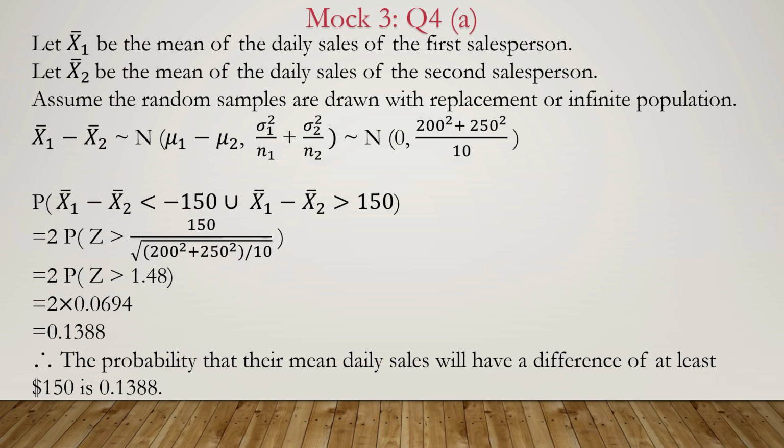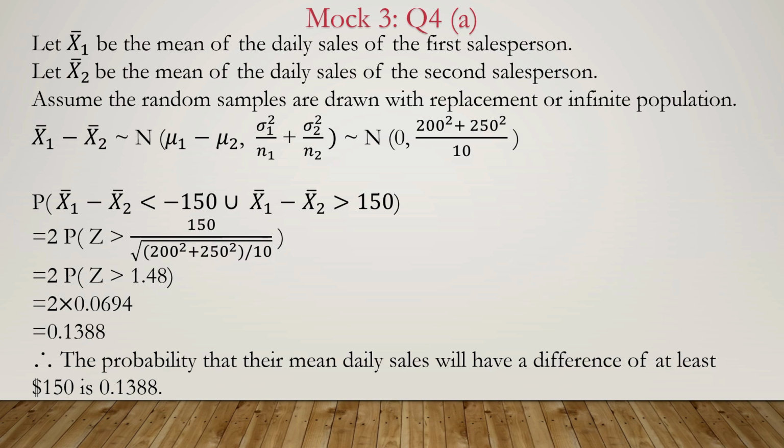The difference of the mean daily sales between the two salespersons will be mean x1 minus mean x2, which is under normal distribution. The difference of mean is 0, and the mean variance will be 200 squared plus 250 squared over 10.